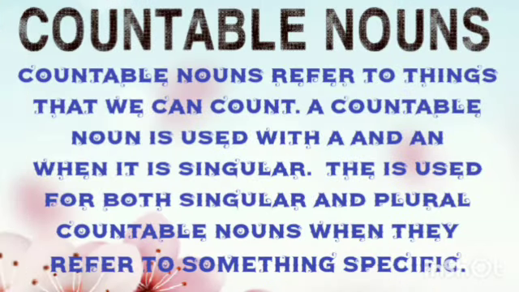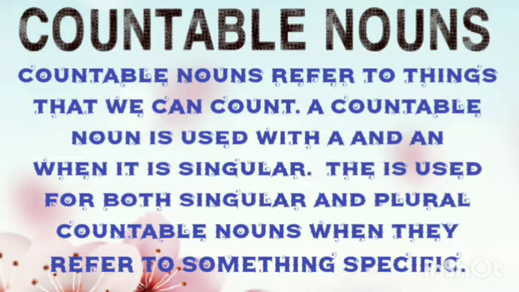A countable noun refers to things that we can count. All the things that we can count come under countable nouns. A countable noun is used with a and an when it is in singular form. The is used for both singular and plural countable nouns when they refer to something specific.